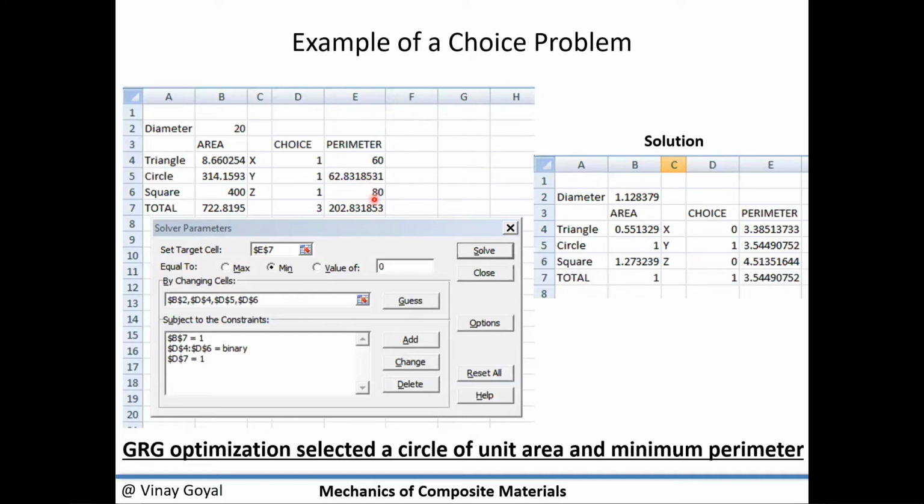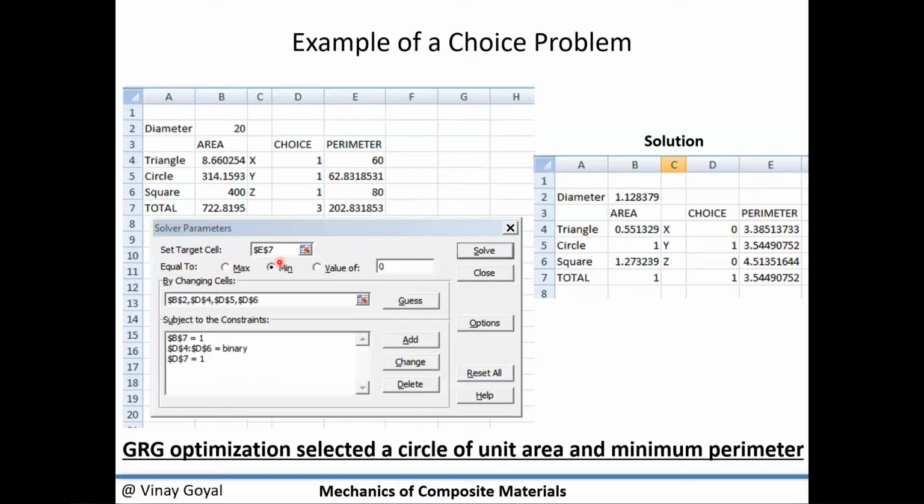Then I add all this up, multiplying this area times x, this circle times y, this square times z, and I do the same thing for the perimeter. I'm going to force the optimizer to target cell E7, which is to minimize the perimeter. That's what I want to do. I want to minimize the perimeter.